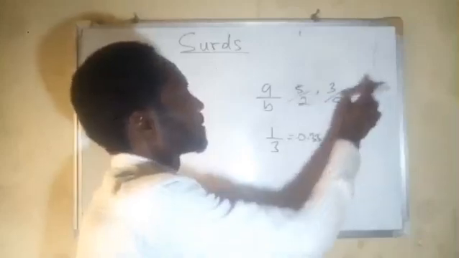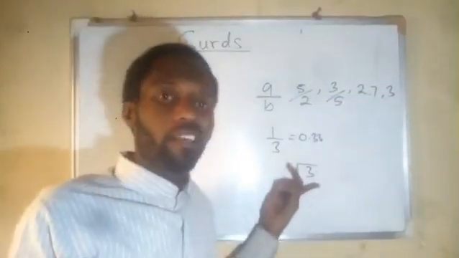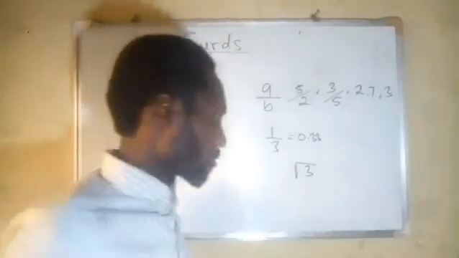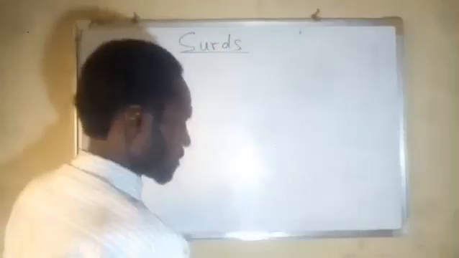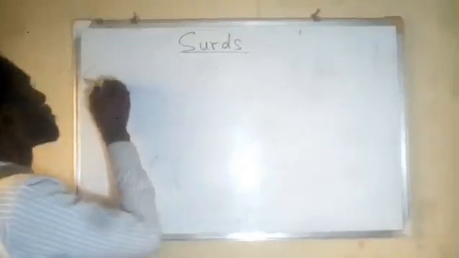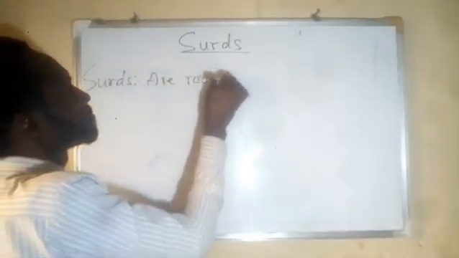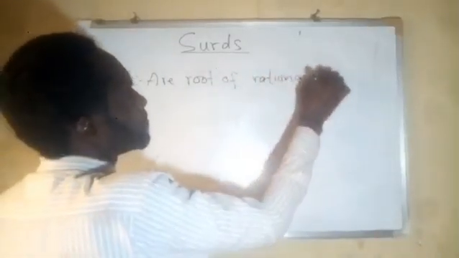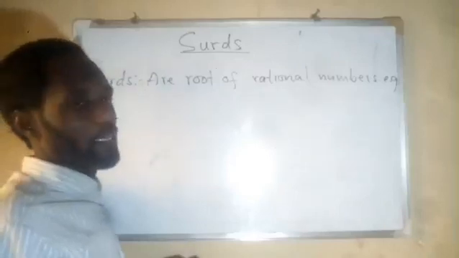Take a look at this. 3 is a rational number, so if you take the root of 3, it becomes irrational. Since this is irrational, we call it a surd. That is what we call a surd. Surds are roots of rational numbers.